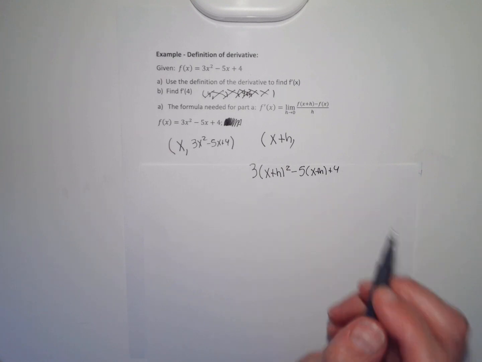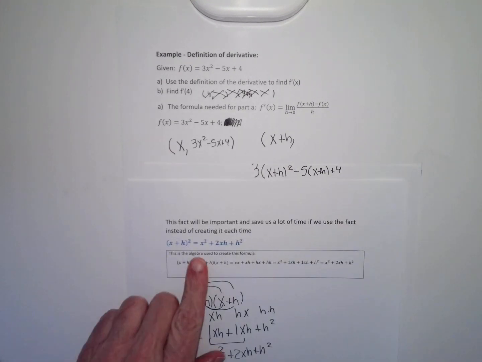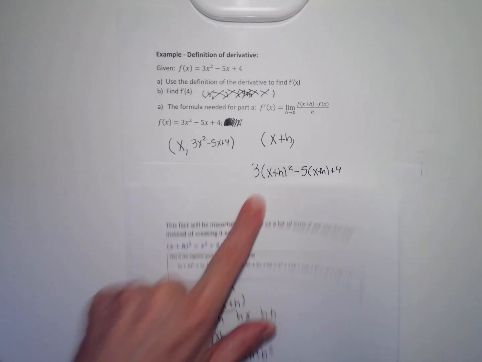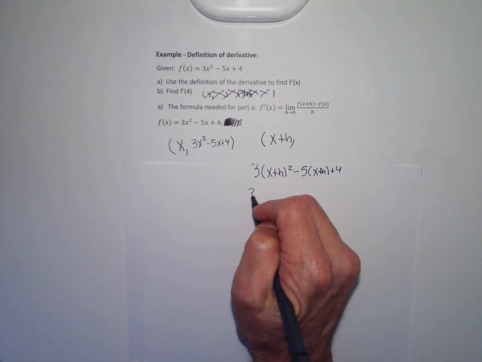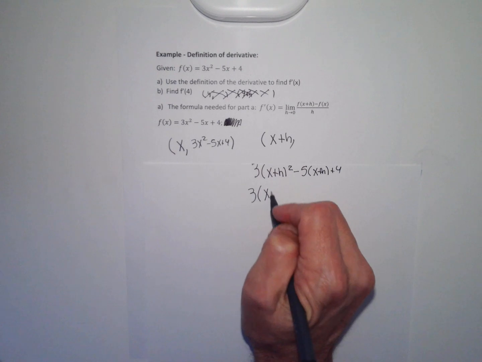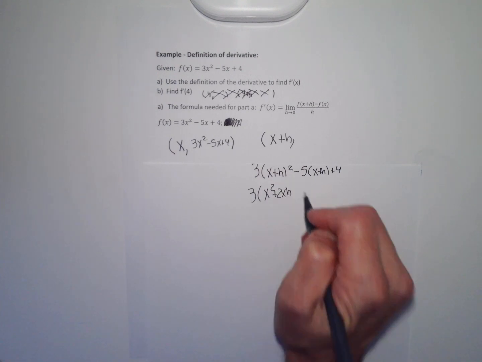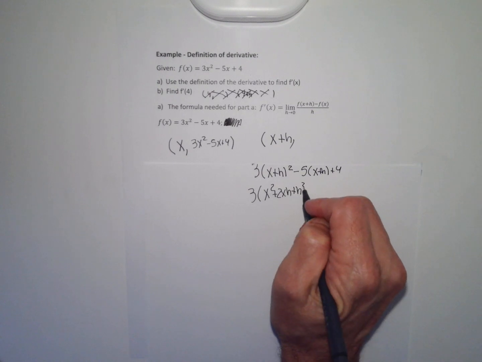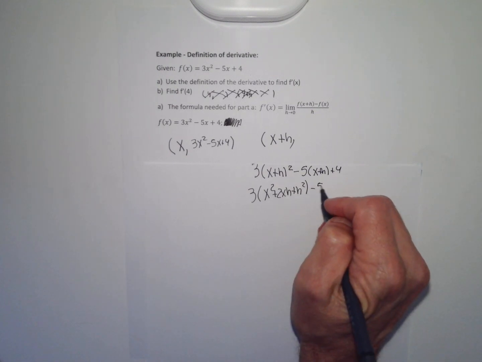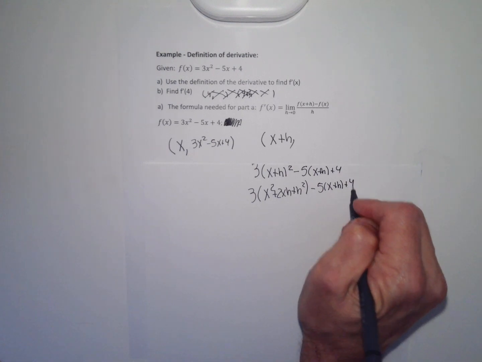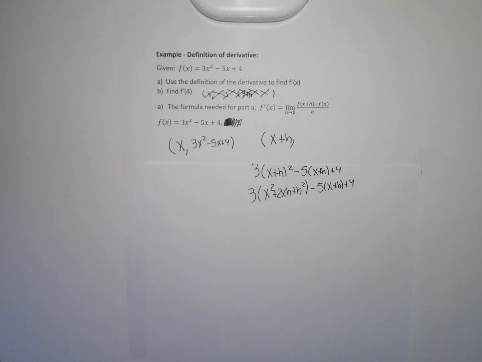This is where I'm going to pull this out. (x plus h) squared is that, so that I'm not going to multiply out every time that I see it. So this is going to be 3 times (x squared plus 2xh plus h squared) minus 5 times (x plus h) plus 4. The y-coordinate of my second point's a monster.